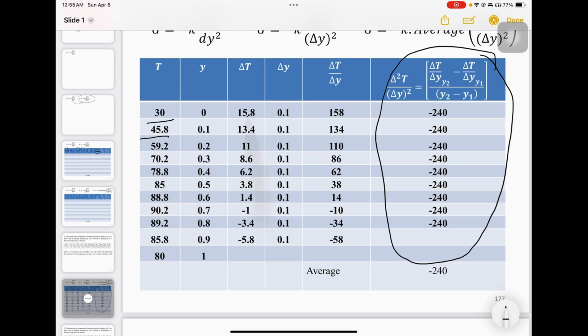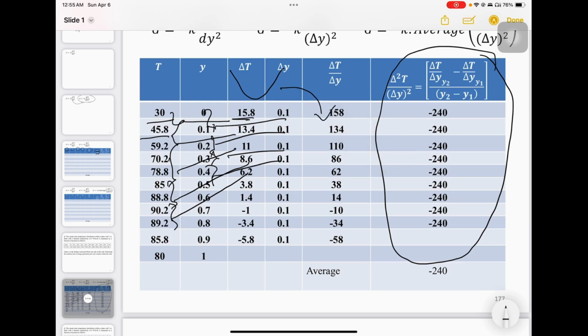So the difference is in this, and the difference of delta y is 0.1, 0.1, 0.1, 0.1, and we will take the ratio of these two. We'll get 158, 135, 110, 186, 162, and so on.